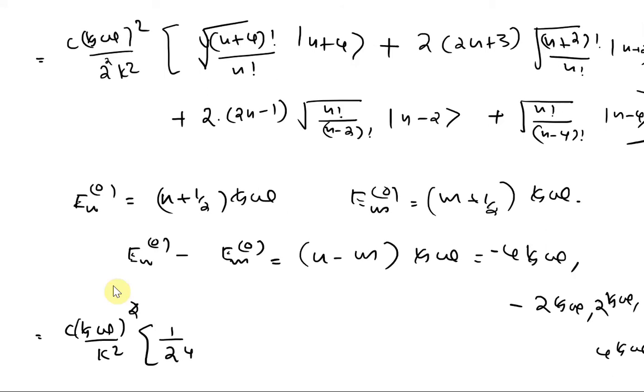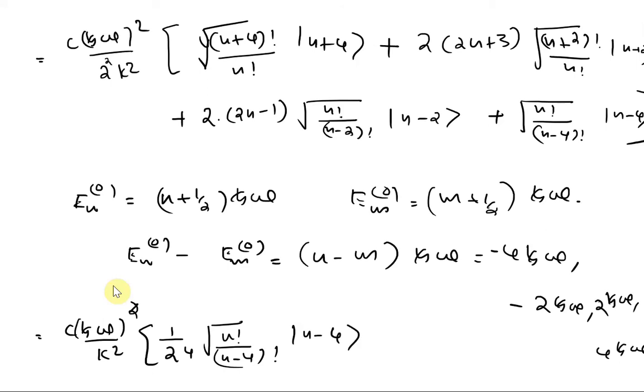And to get the standard form of the expression, 1 by 2 raised to 4, and what else is there? Root n factorial divided by n minus 4 factorial, into n minus 4.